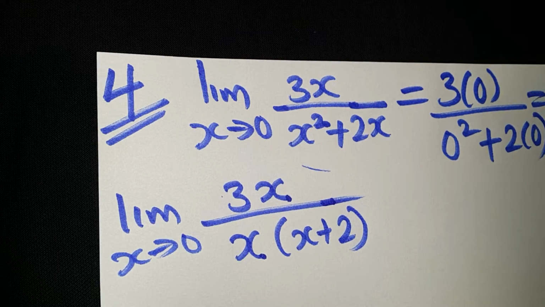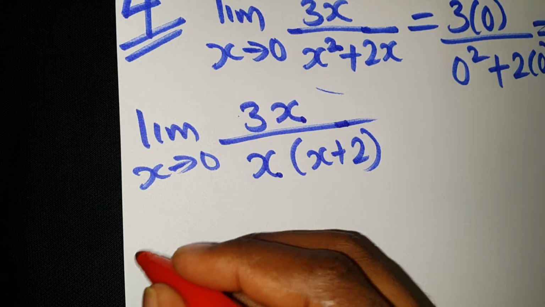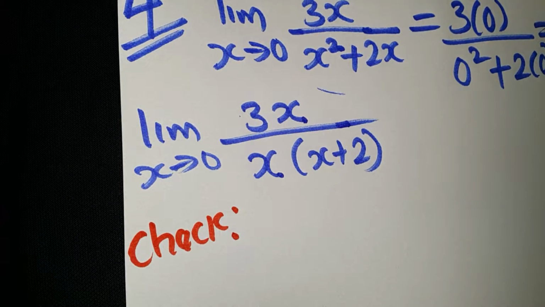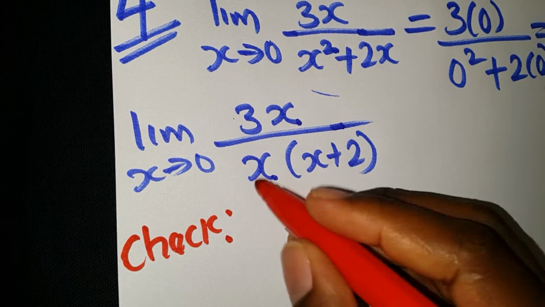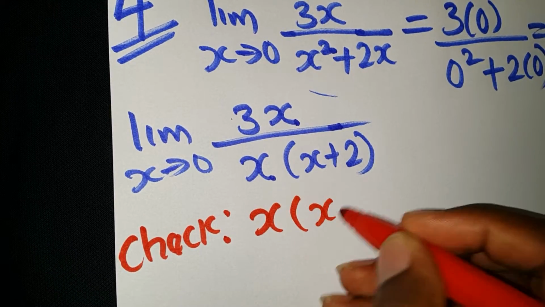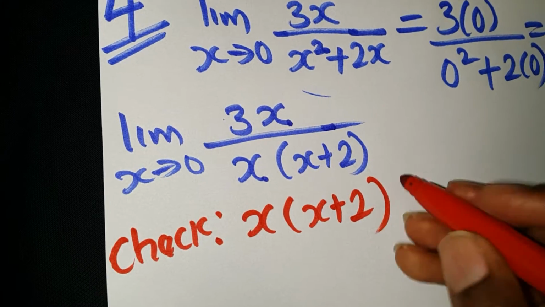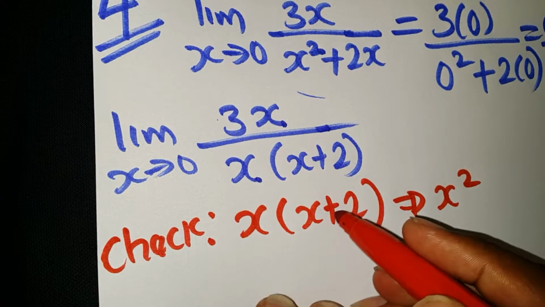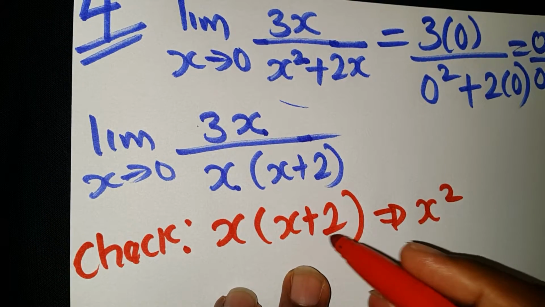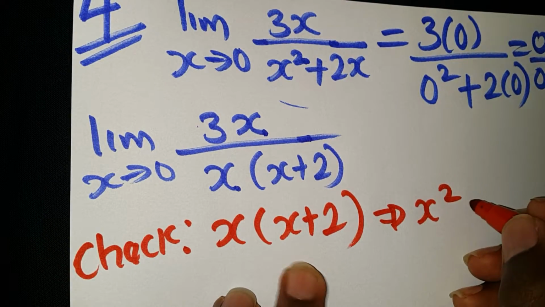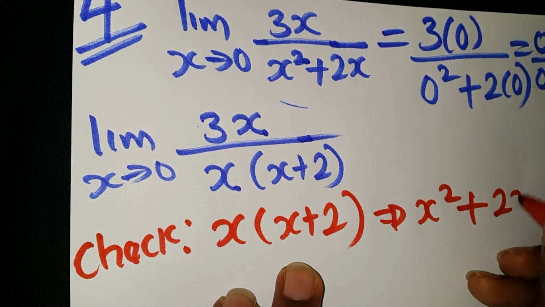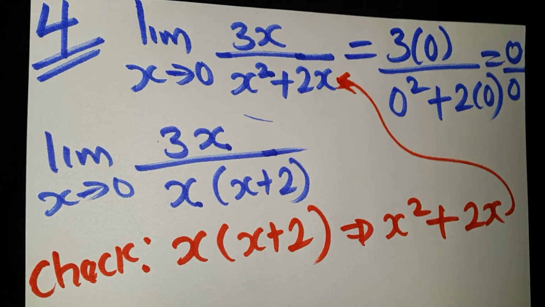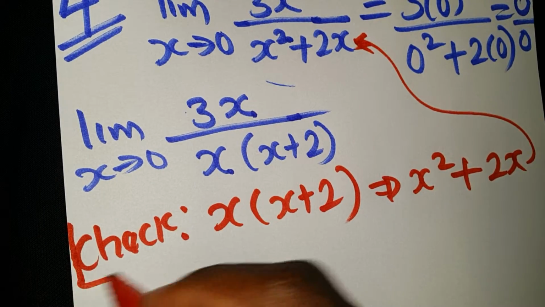Let's check again to be sure our expansion is correct. We have x times (x plus 2): x multiplied by x is x squared, x multiplied by positive 2 will give us plus 2x. So as you can see, our expansion is correct. So we can now proceed.